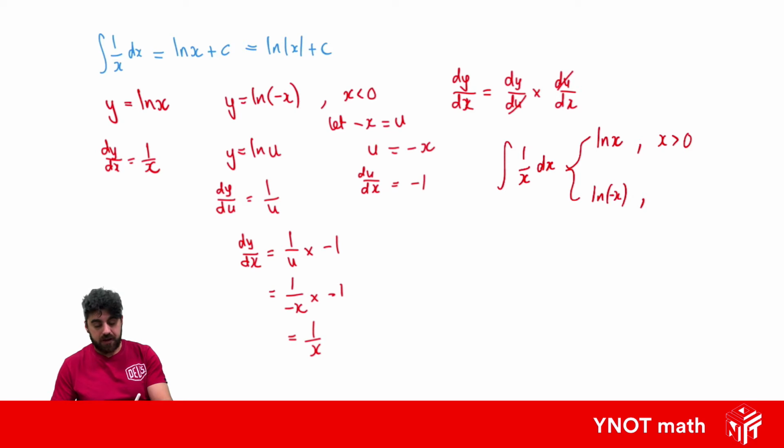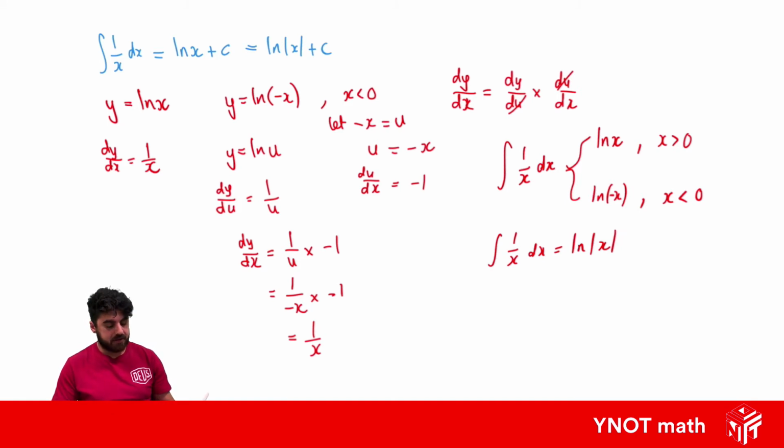And then if it's minus x, it's when x is less than 0. And this is the definition of an absolute value. So we say the integral of 1 on x dx is equal to the natural log of the absolute value of x, to compensate for this negative scenario where it also equals 1 over x.